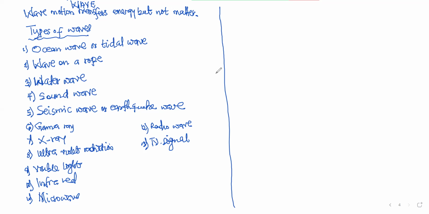Now, waves can be classified into many groups based on certain key observations. So apart from this type, we have what we call classification of waves. Classification is about grouping.